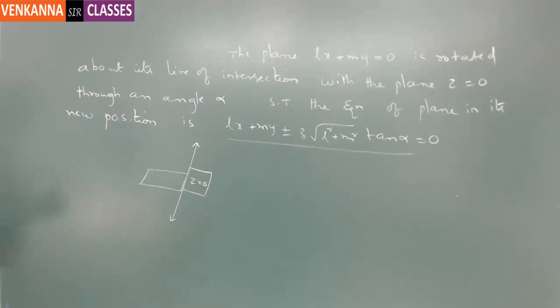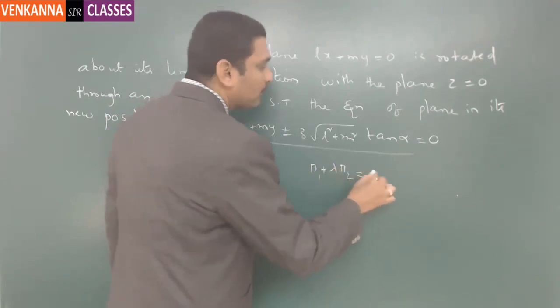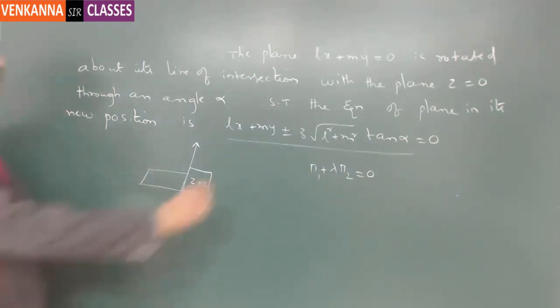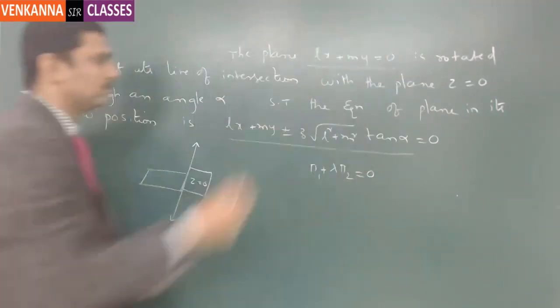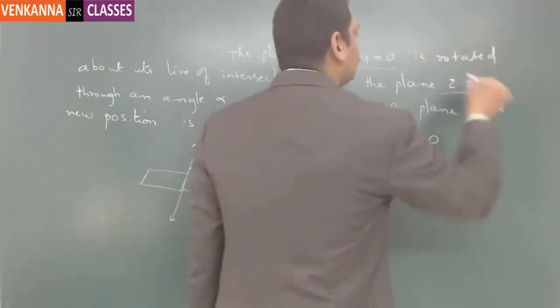Right. Now, since you are calculating the plane equation which is containing this line, we have to use the formula pi 1 plus lambda pi 2 equal to 0. Here pi 1 is nothing but the given plane Lx plus my equal to 0, and pi 2 is nothing but the plane z equal to 0.